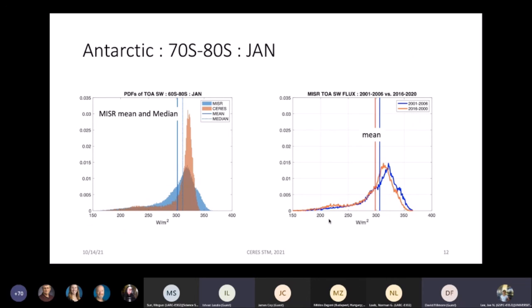So PDFs are confirming that the shape of the distribution is quite different between the two fluxes. The MISR flux comparison between the first 5 years and the last 5 years shows that the shape in the right tail is shifted due to snow melt, and the mean was also shifted, but the left side of the distribution has not been changed much.